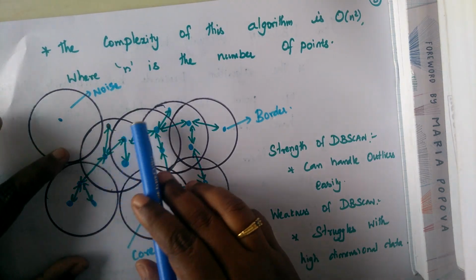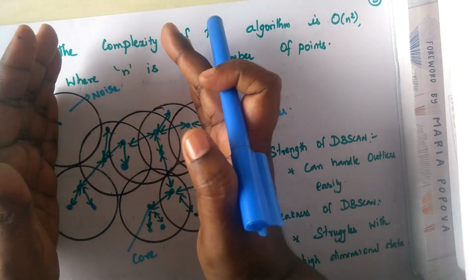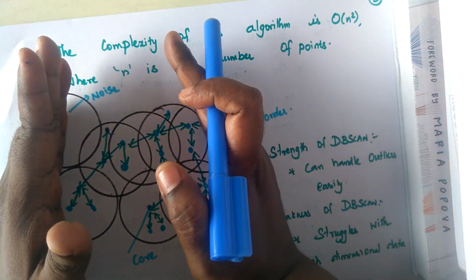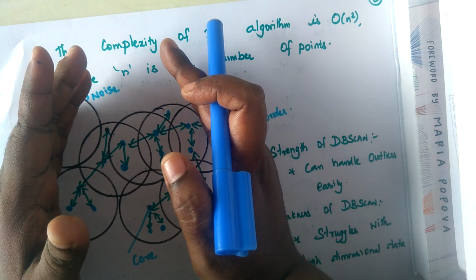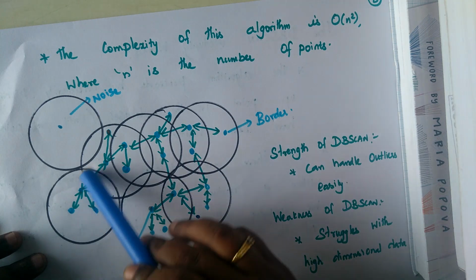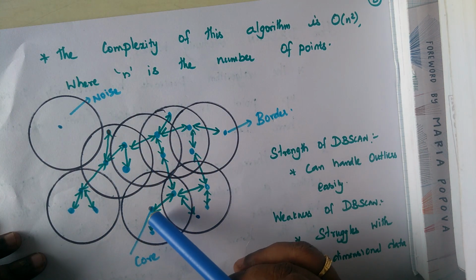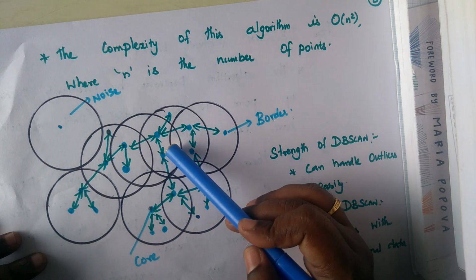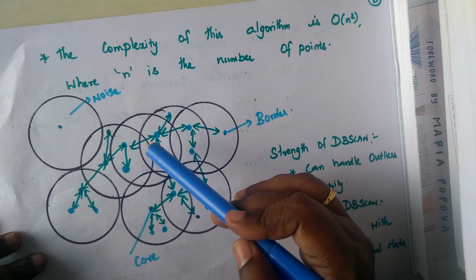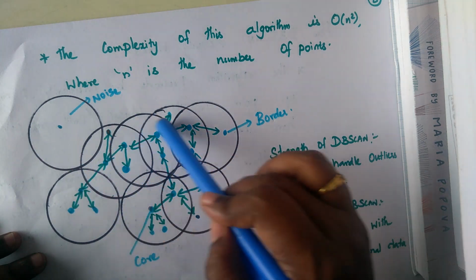The algorithm can be visualized using this. So this is the border point. Let's assume that these are all core points. The points lying in this area are core points, and these are all going to fall into the same cluster. So we have located all the density connected, density reachable and directly density reachable points, and they are all pulled recursively into the same cluster.